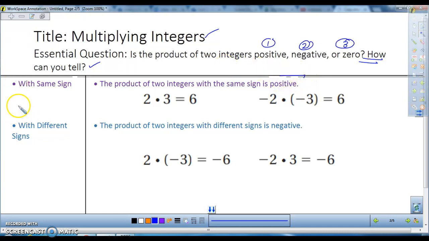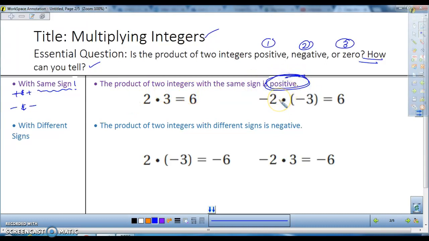Let's go ahead and look at what happens when you multiply same sign. That means when you multiply a positive and a positive, same sign, and when you multiply a negative and a negative. When you multiply same sign, the answer will always be positive.